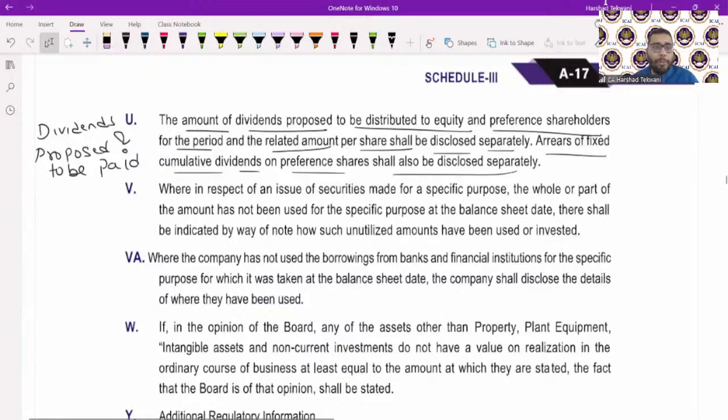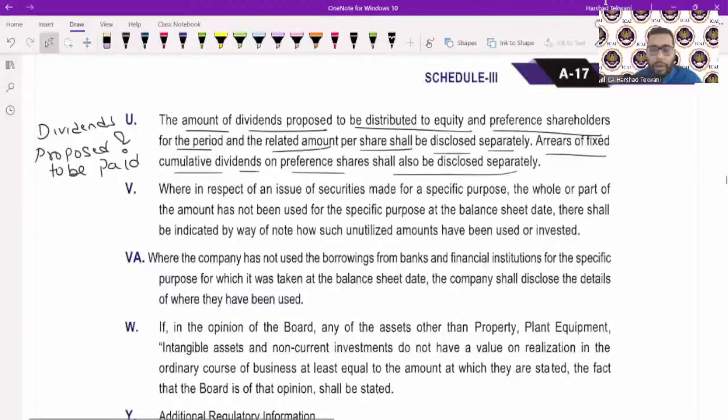And I am also required to provide details with respect to per share amount. The reason is that per share amount will show how much of the dividend I am required to provide on each share. Plus, if there is any dividend on preference shares, I am required to provide that also. Clear? So this is the detail I am required to provide.